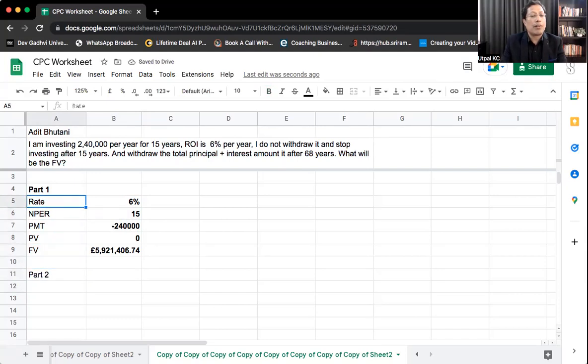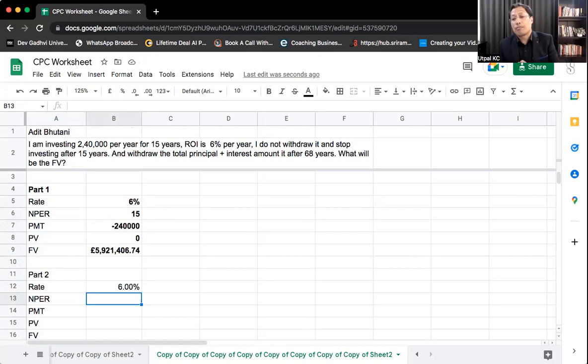In part 2, again I am giving you all these things. Rate will be the same. 31 crores. NPER will be how much? Interest plus amount, stop investing and withdraw the total principal plus interest amount after 68 years.